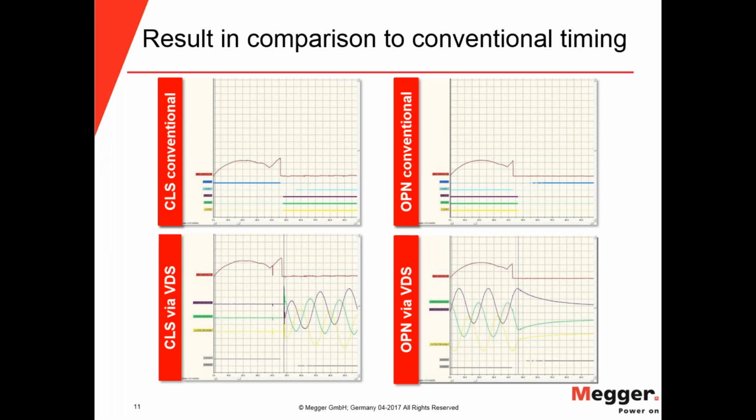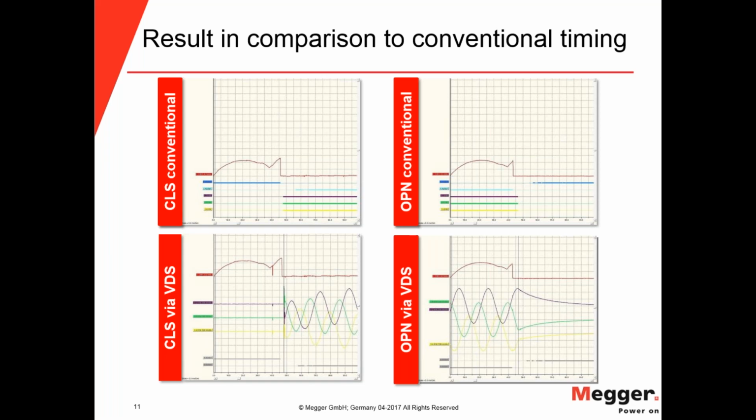This is made on the same breaker, but with a conventional timing measurement up here, and this verifies that the times are very similar to the conventional, the offline test, so to say.